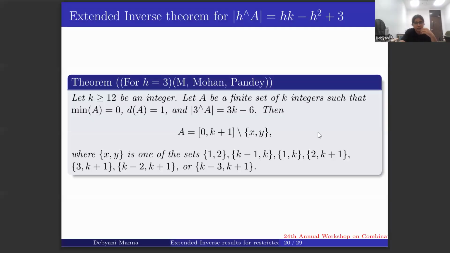So now for h equal to 3, when the cardinality of h cap a is equal to hk minus h square plus 3, then we'll have for k greater or equal to 12, when the cardinality of 3 cap a is equal to 3k minus 6, then we will have a as 0 to k plus 1 minus x comma y, where x and y can be one of these sets, 1, 2 or k minus 1, k. And basically you can see that these are the only cases where the cardinality of 3 cap a is equal to 3k minus 6.